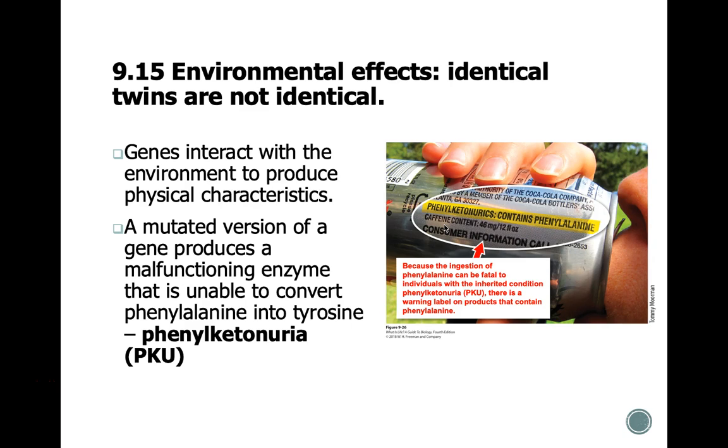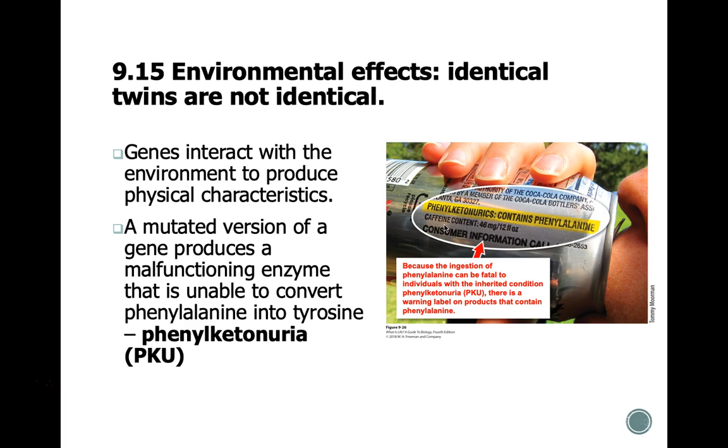People who don't have this disorder are able to convert just fine, and phenylalanine does not accumulate in the body. If it is converted into tyrosine, then phenylalanine and tyrosine can both be used to build other proteins. But the problem is that at birth, some people carry 2 copies of the mutant version. This is a recessive allele because we require 2 copies. The allele is supposed to code for the enzyme that converts phenylalanine into tyrosine.